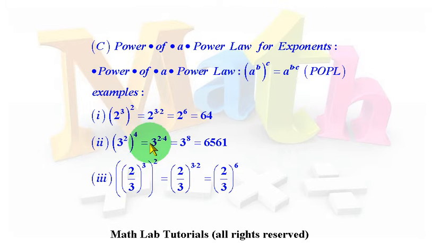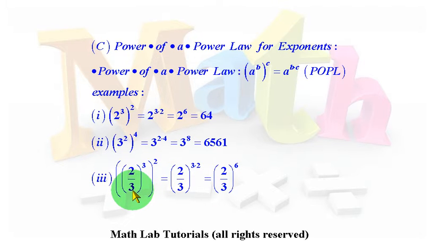So again, you multiply the exponents together, and we get 3 to the power 2 dot 4, which is 3 to the power 8. And then 3 to the power 8, you don't want to do manually. So at this point, I would go to the calculator and use the power button to crank out 3 to the power 8. When you crank it out, you get 6561.